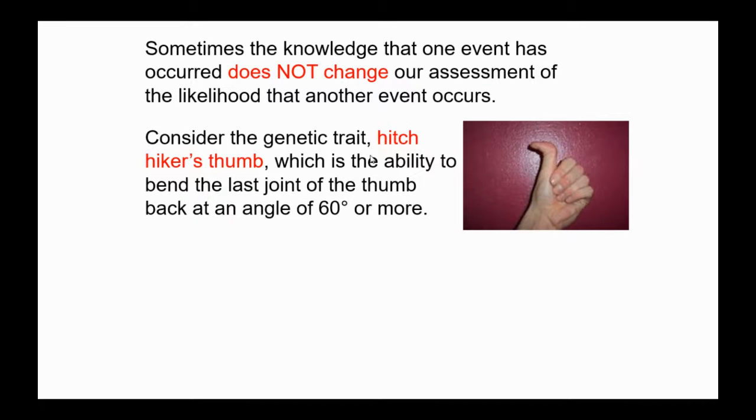So let's consider the genetic trait of a hitchhiker's thumb, which is the ability to bend the last joint in your thumb back at an angle of 60 degrees or more. So on my left hand, I can do it. My right hand, it's not having it.